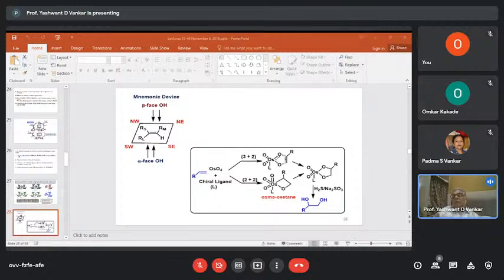prefers to stay in the axial position, because the antibonding orbital of that carbon-electron withdrawing group bond would now be exactly pointing opposite to the bonding orbital, 180 degrees away, and that, along with the lone pair of electrons on the oxygen of the ring, say for example, if it is glucose, then the ring oxygen, one of the electron pairs on the oxygen, and this antibonding orbital which is empty.